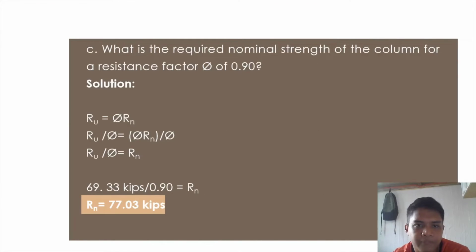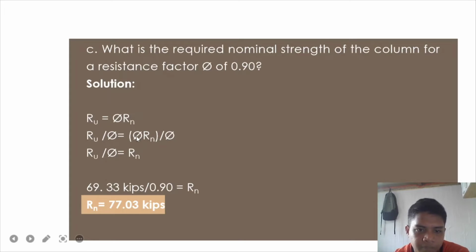Next, letter C. What is the required nominal strength of the column for a resistance factor of 0.9? Our solution: the formula again from the book, same as in B earlier. First, let's derive the formula so that the nominal strength is alone. I divide both sides by the resistance factor.